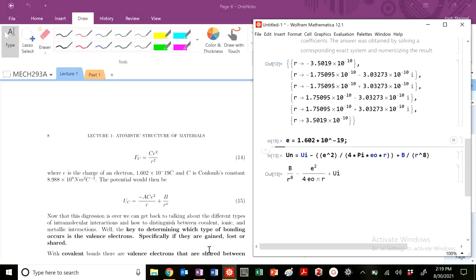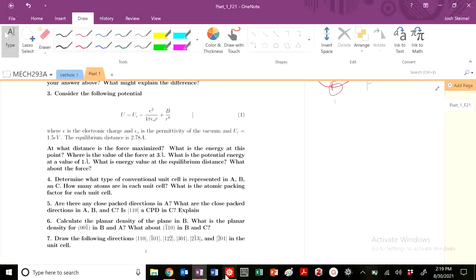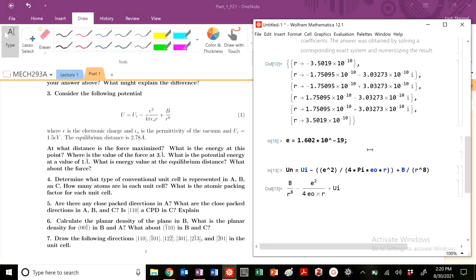And then we know that our epsilon naught is also given in the problem set, so our permittivity of vacuum. My U_i is equal to 1.5 eV.